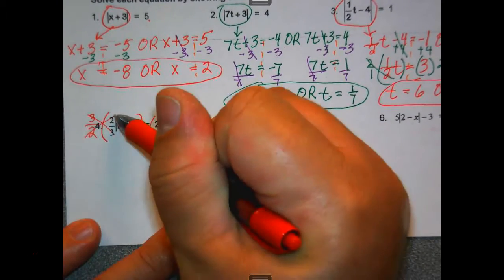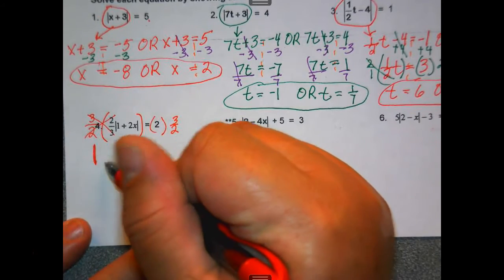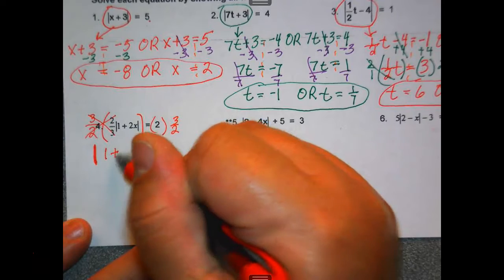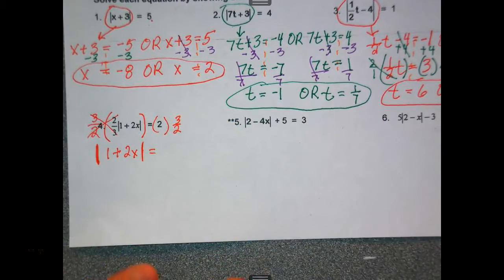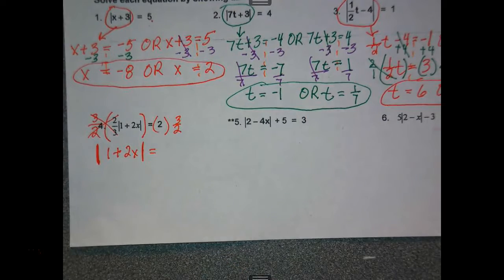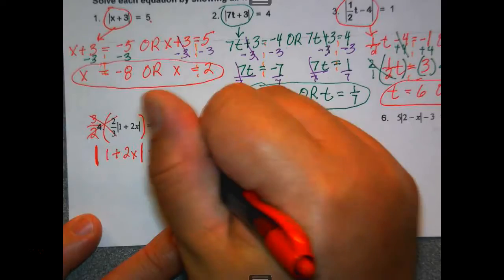My 3/2 cancels the 2/3, giving 1 times the absolute value, which is indeed the absolute value of 1 plus 2x. What's 2 times 3/2? 3. Yeah, the 2's cancel, I get 3.